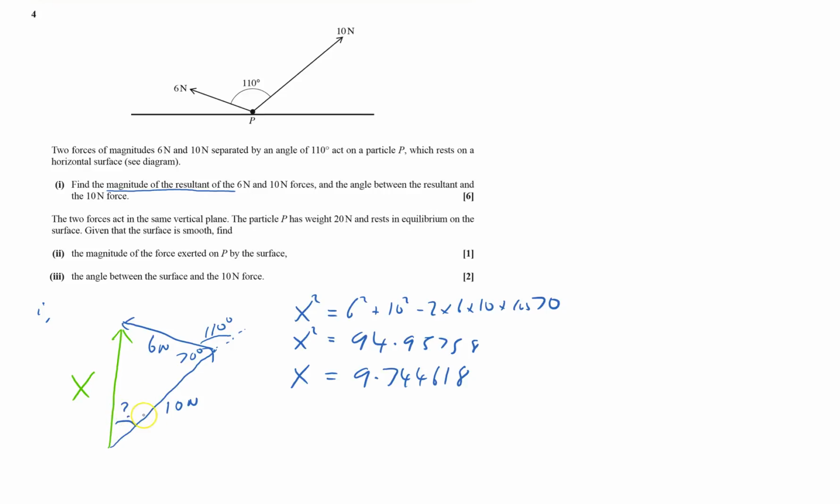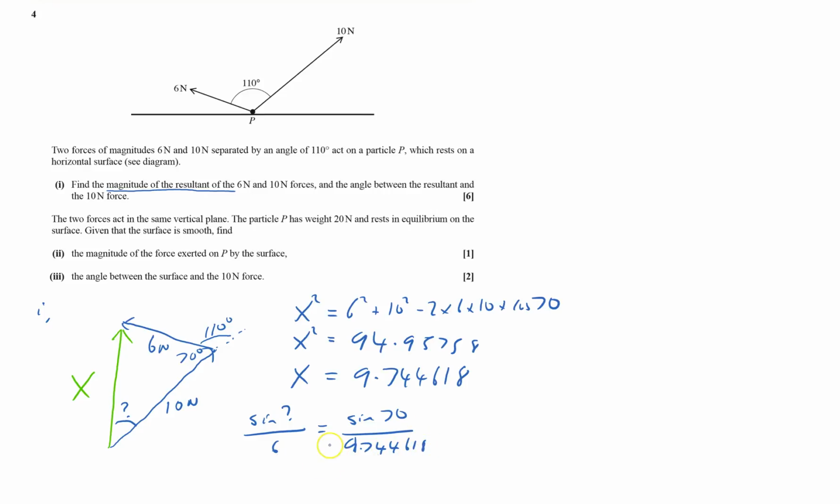So question mark. And that's going to be, well, now I have a known pair. I know x and I know this, so I can work out the angle. So sine of the angle over 6 equals sine of the angle there, which is 70, over my length with it, which is 9.744618.